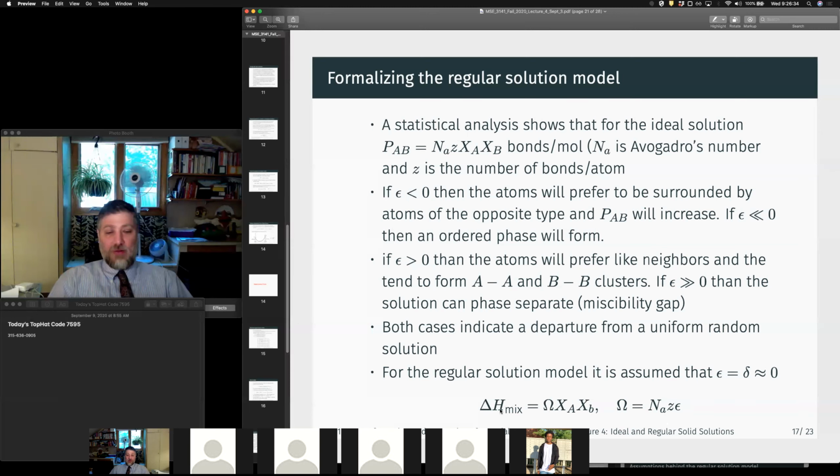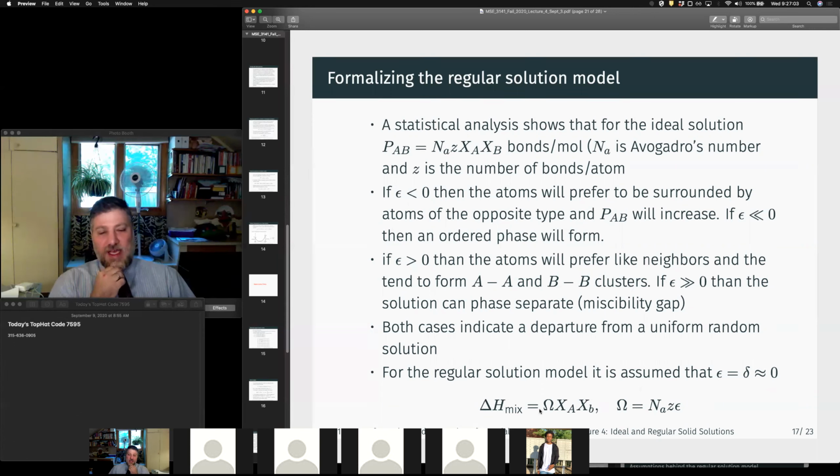For our regular solution model, we're going to assume that our epsilon is small, so we're going to look at things in the limit of epsilon approaching 0. That means there are differences in energy, but we're not changing the statistics. We're not drastically changing P_AB.